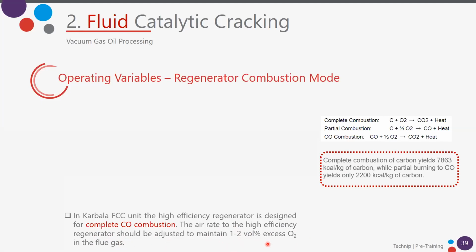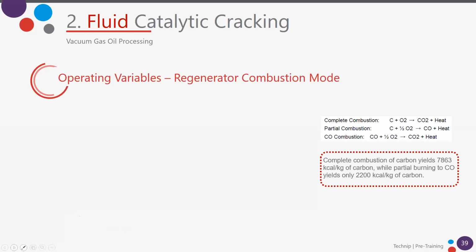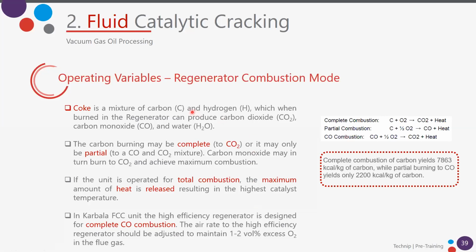We'll see now, when we see the process flow diagram, that I put some numbers, and I remember that according to the material balance, this oxygen in the flue gases is around 1.7, okay, in the process flow diagram. So remember that we have this regenerator for a complete combustion.